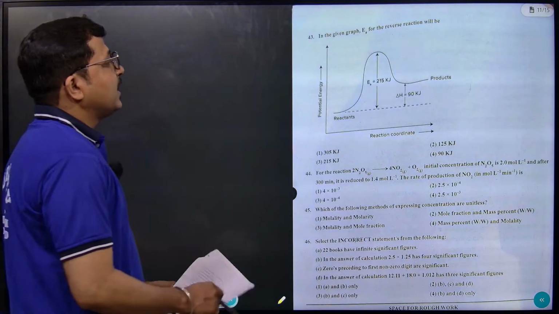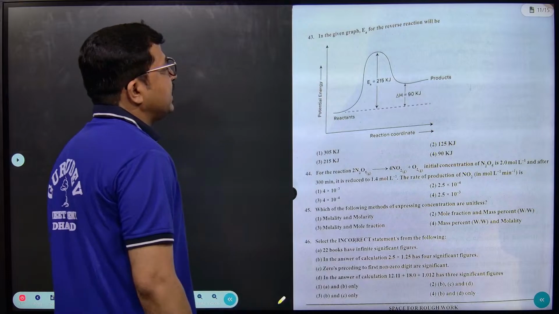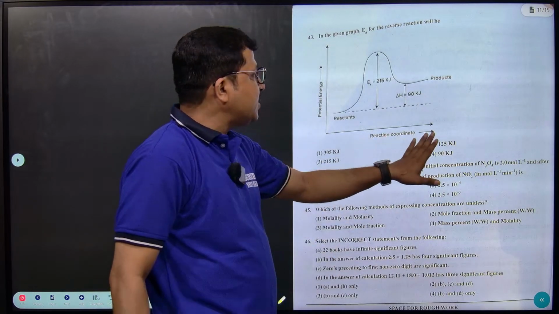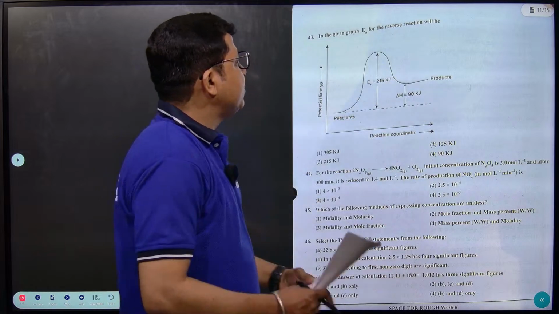And now in the graph, the energy of activation is given. It is an energy of activation graph. This is the potential energy, this is the reaction coordinate, and this is an energy distribution curve.